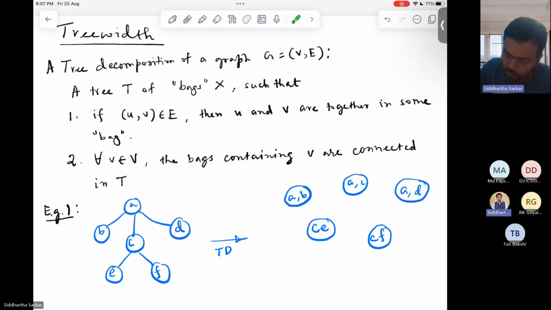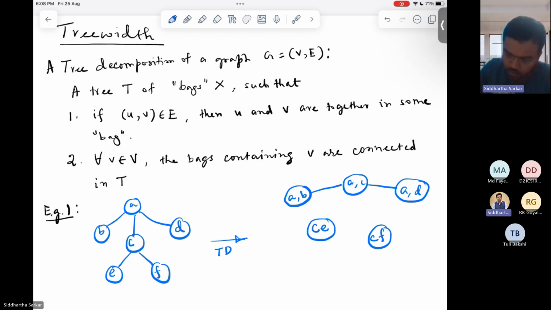The second thing is, for every vertex, the bags containing that vertex should be connected. So A is contained in which bags? This is one bag, this is one bag, this is one bag. They should be connected, so we'll draw edges so that these 3 bags are in a connected component in the tree decomposition.